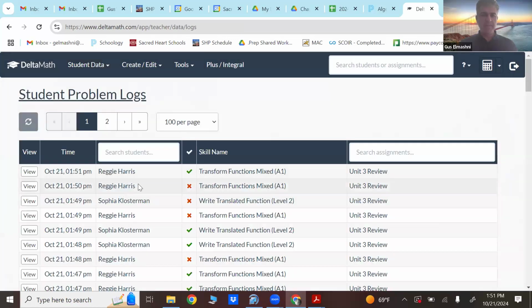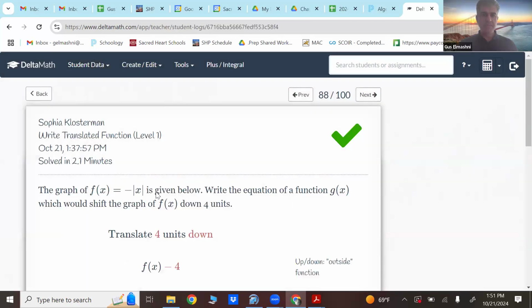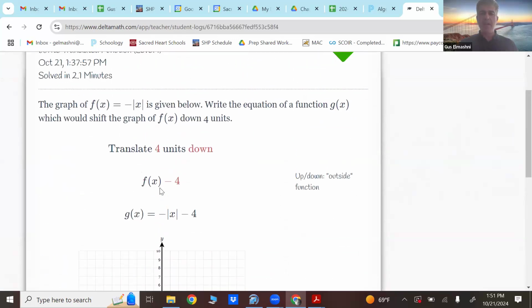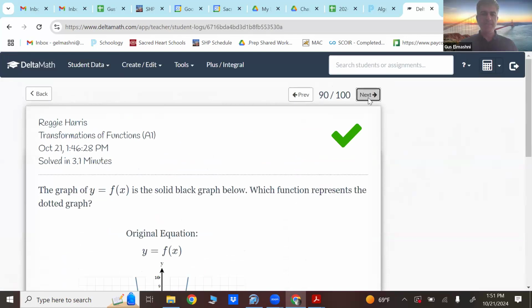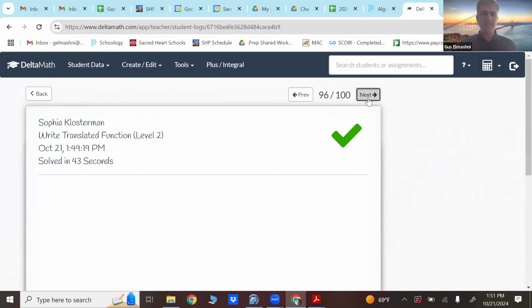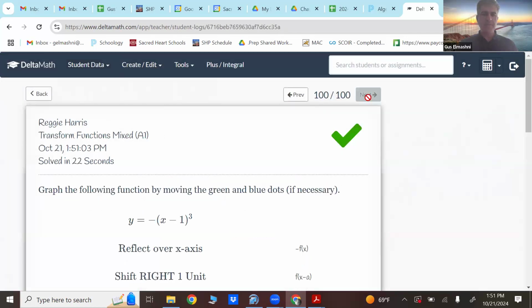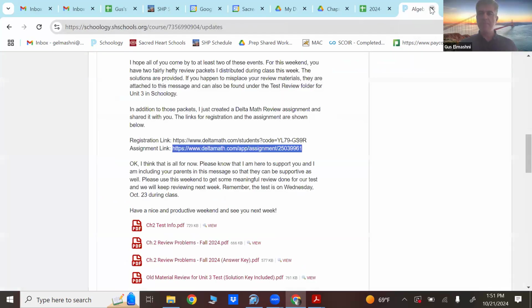Oh, wait, hold on. Yeah, so here's the Delta Math stuff. So it kind of looks like this. Let me see the radical stuff here. Yeah, so anyway, do that. So you guys have the rest of the class. I'm going to put some practice problems up as well.